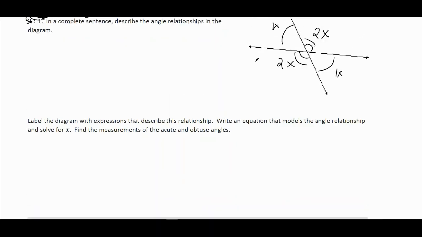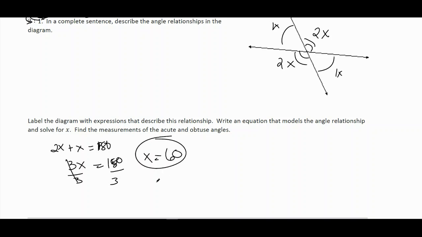But let's not make ourselves suffer. Let's just add 2x and x and then equate it to 180, which is going to be much easier. So 2x plus x is 3x, equal to 180. Divide both sides by 3. X is going to be 60. That is the solve for x.